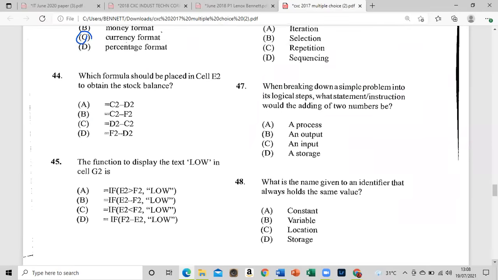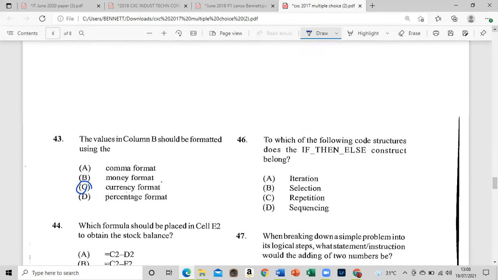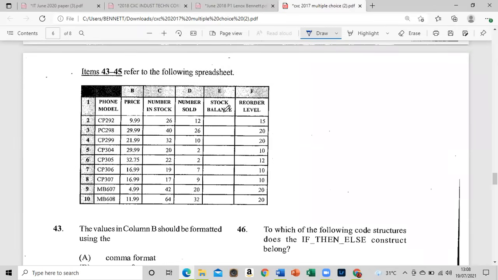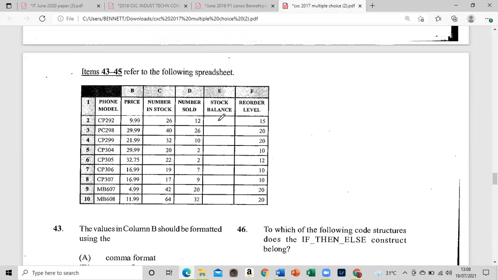All right, 44. Which formula should be placed in cell E2 to obtain the stock balance? So let me go back to it. E2. So this is E2. And the stock balance would be the number in stock minus what's sold.